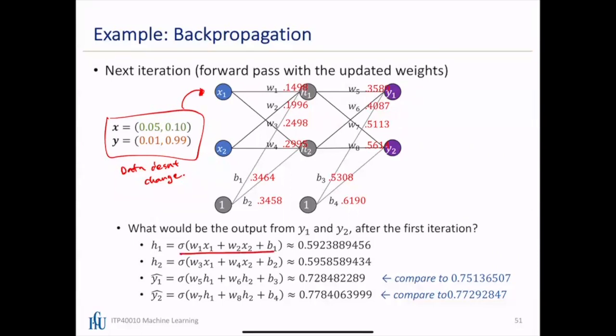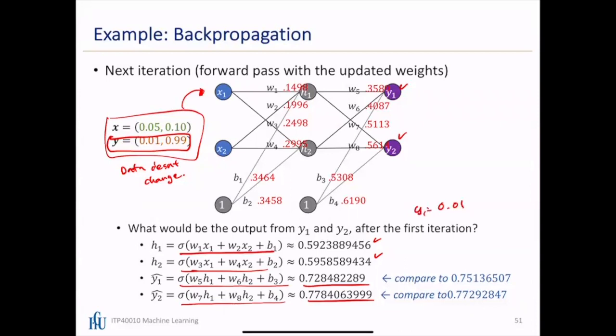So plugging them in, at the hidden layer, you could get these two values. And plugging them in, at the output layer, you could get these two values. Well, let's record that the outcome we want to have is 0.01 and 0.99.